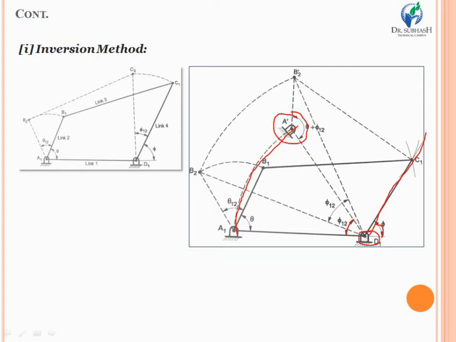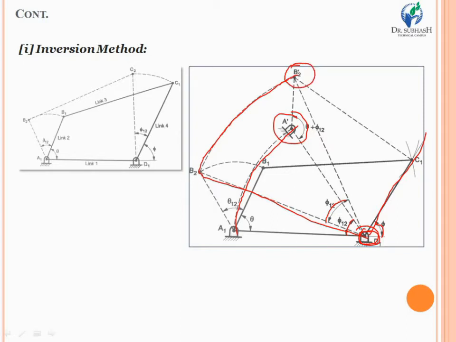Similarly, take D1 as the center again and take the D1B2 length and draw an arc from B2 to B2 dash with an angle 512. It will give one more point, and that is B2 dash.